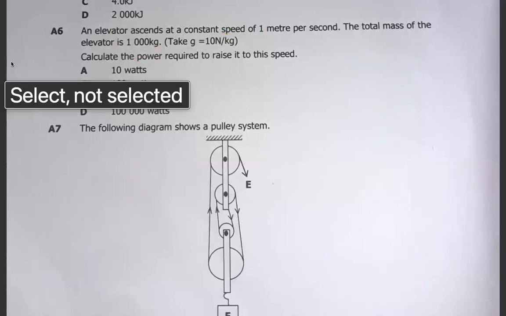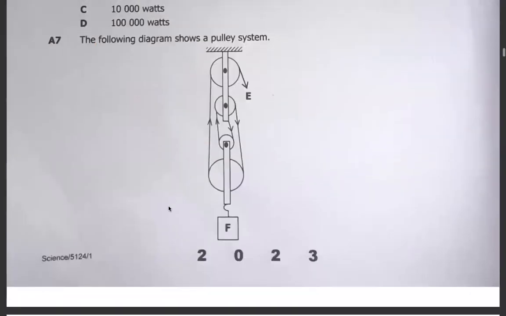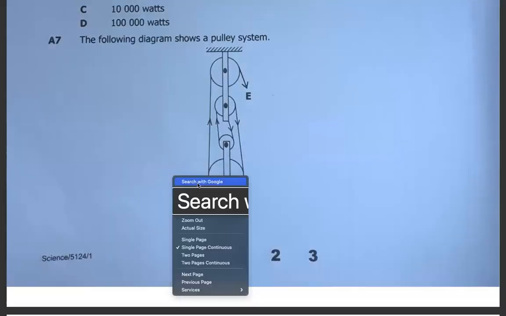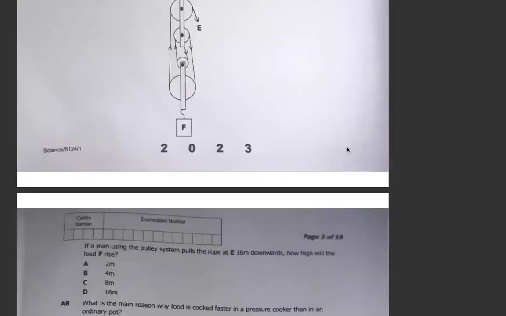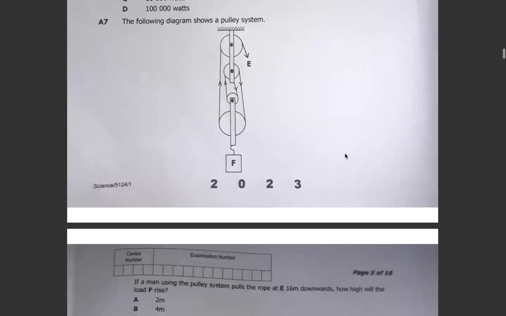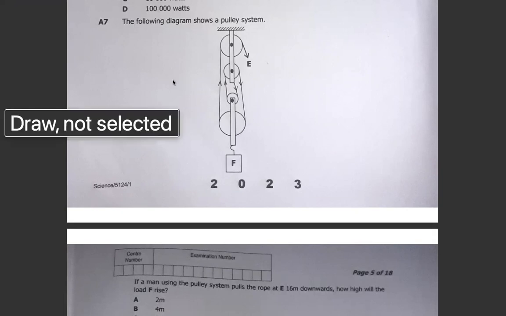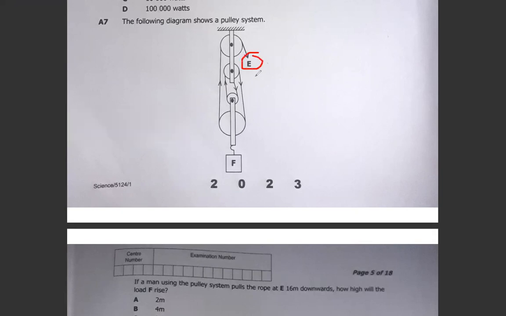Question number 7. Question number 7 is saying that the following diagram shows a pulley. We have on the pulley the effort, the force being dragged this way, and we have F here, which is the load, the weight downward.